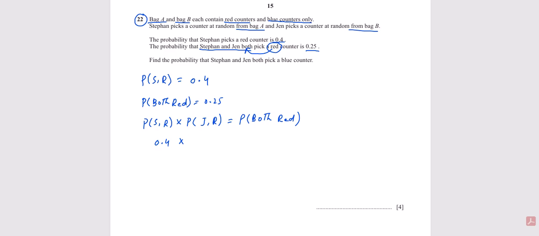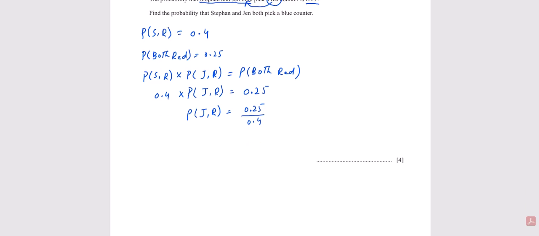We need to find this probability, which is equal to the probability of both red, 0.25. So the probability of Jen picking a red counter is equal to 0.25 divided by 0.4.